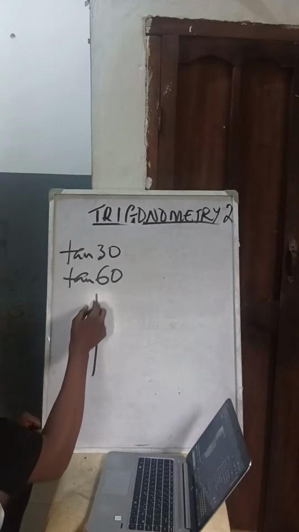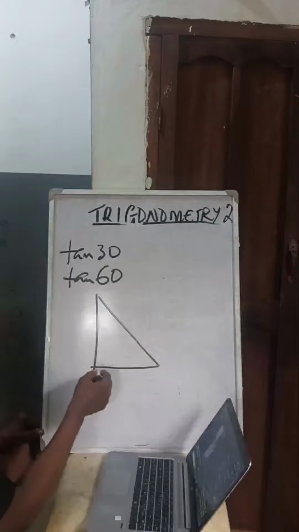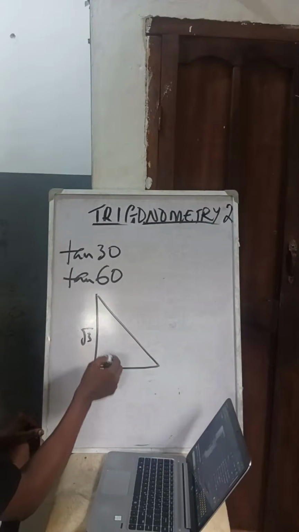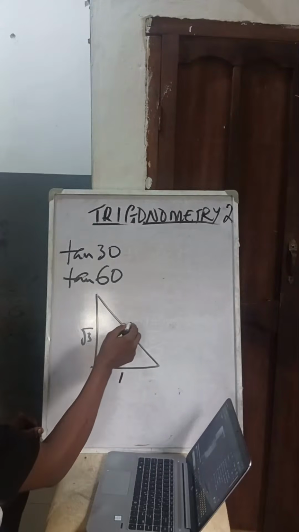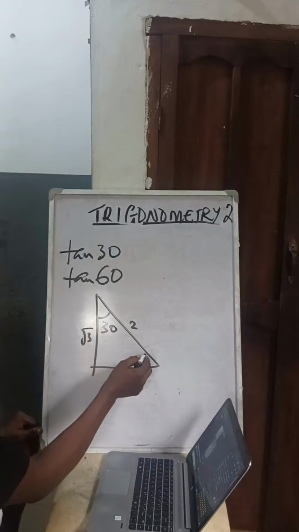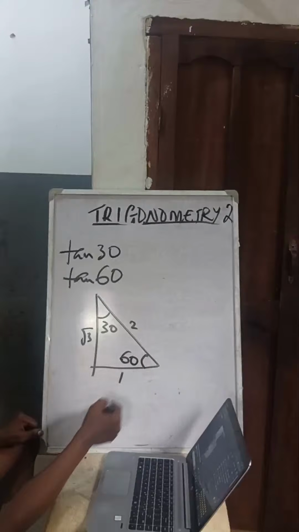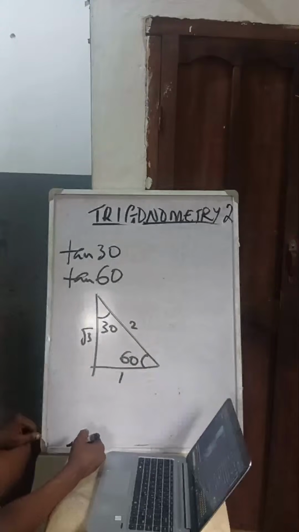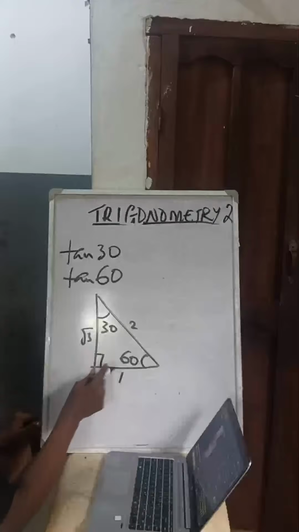All you just need to do, recall, we have root 3 here, 1 here, 2 here. So here is 30, here is 60, here is 90.